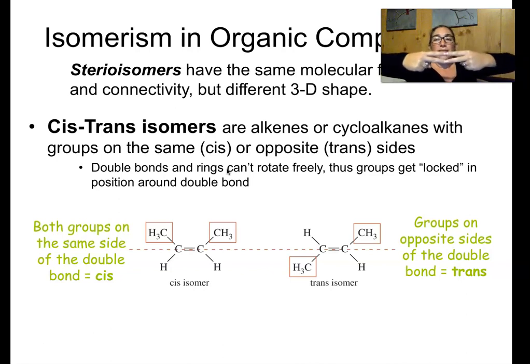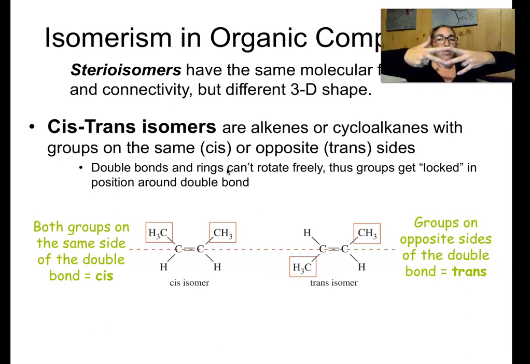Okay, so if you have groups sticking off of carbons, like if my pinkies are substituent groups sticking off here, all right, if they're both sticking down, they're stuck sticking down, they can't rotate. So if I had one that had a group sticking down and the other had a group sticking up, that's different.